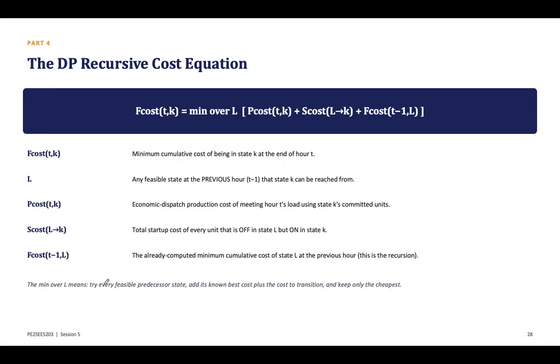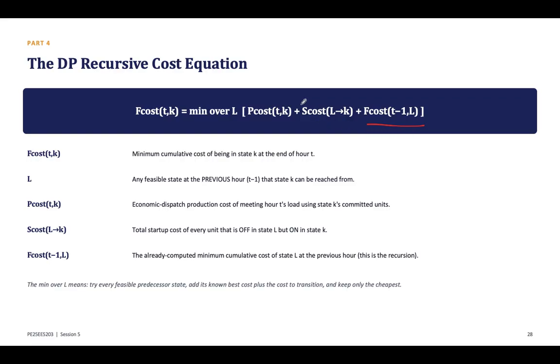So here is the dynamic programming recursive cost equation. The recursive equation can be read from right to left as a comparison of all possible ways to enter the current state. So we shall come from here. As you can see, F cost of t minus 1 comma L. This is the best known cumulative cost of a predecessor state L. To move from L to the current state K, newly started units generate a startup cost.